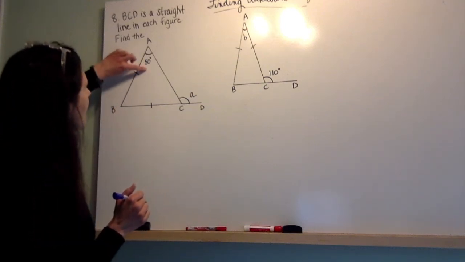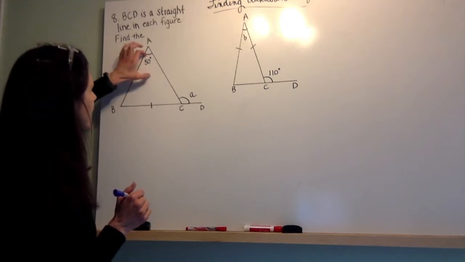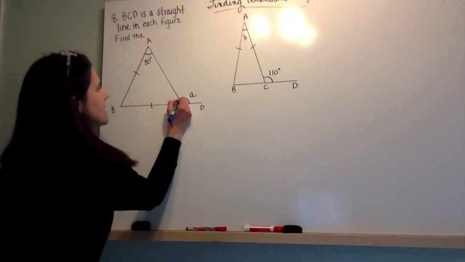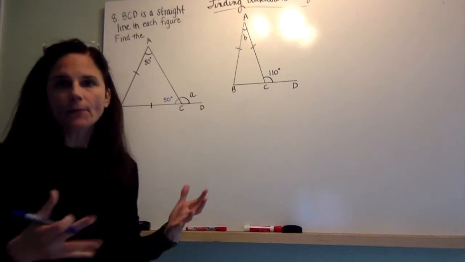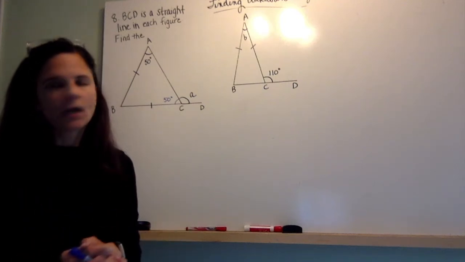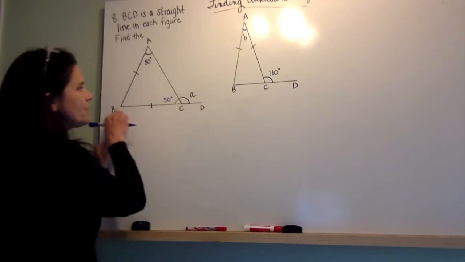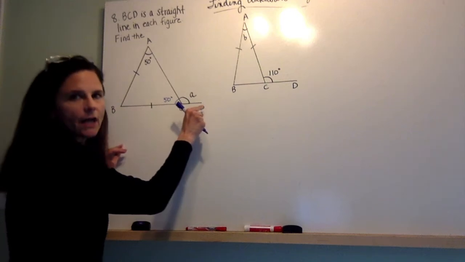And we are, in fact, given one of those angles. So if this angle is 50 along this side, then this angle is going to be 50 degrees as well, due to that property of isosceles triangles.